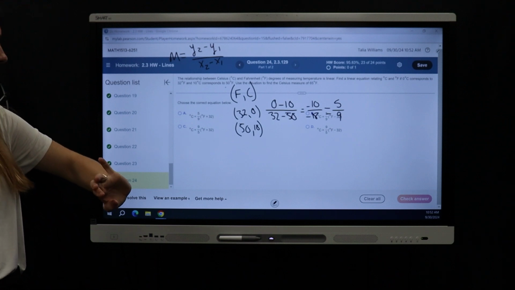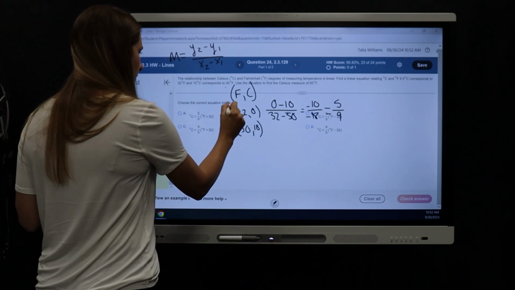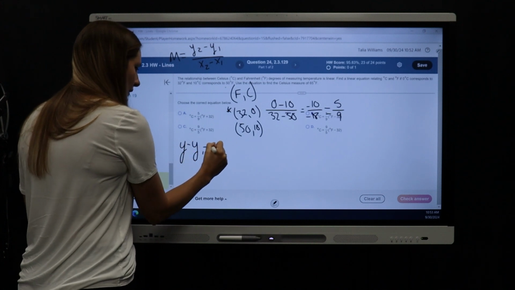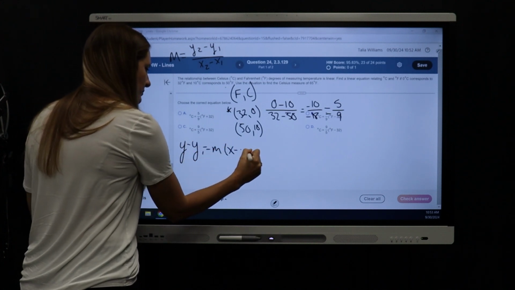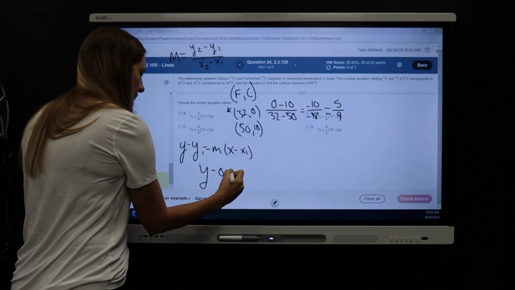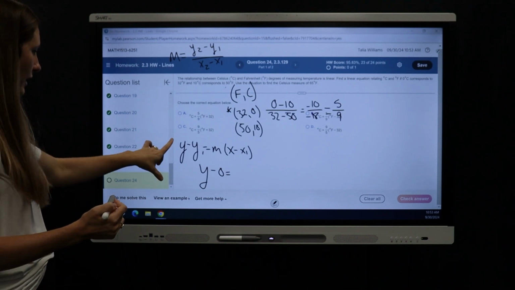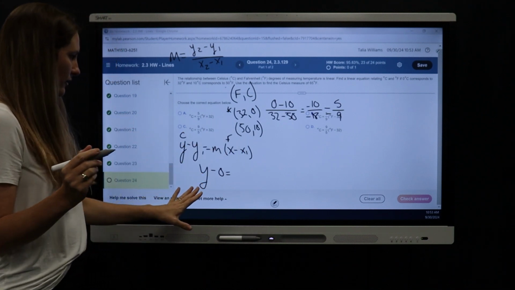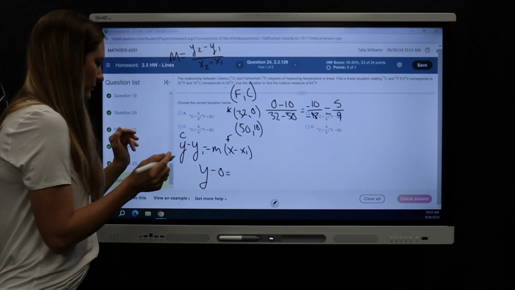So then we're going to pick one of these points. I'm going to use this one, and we're going to do y subtract y1 equals m times x subtract x1. So our y value is 0, and our y is C, and our x is F, but since I've started already, I'm going to finish this and then I'll fix it.